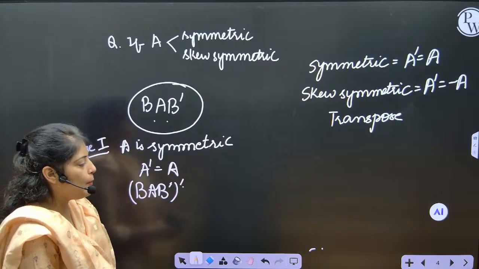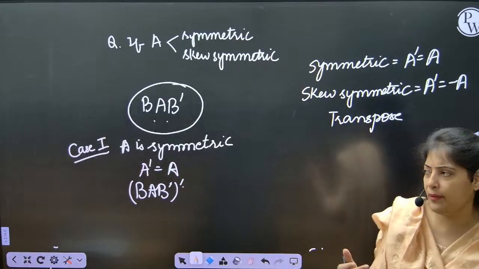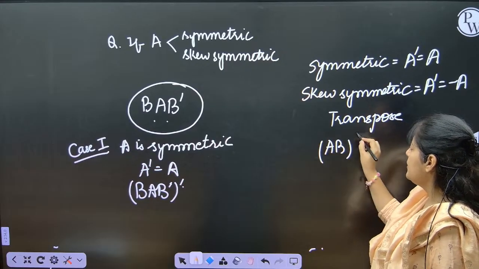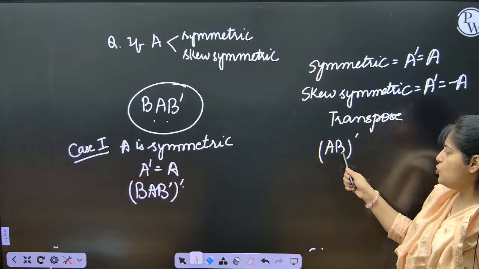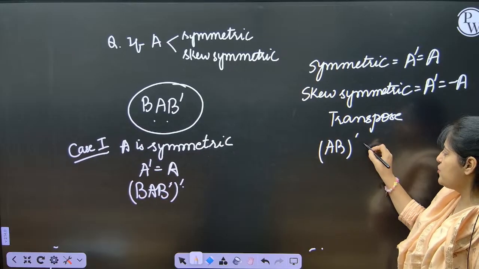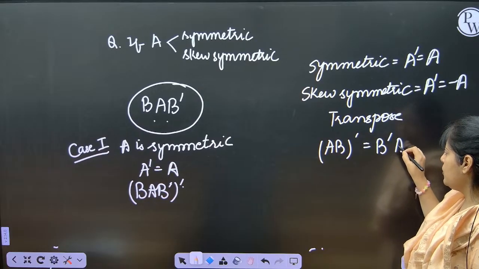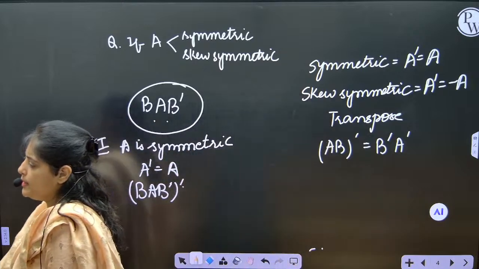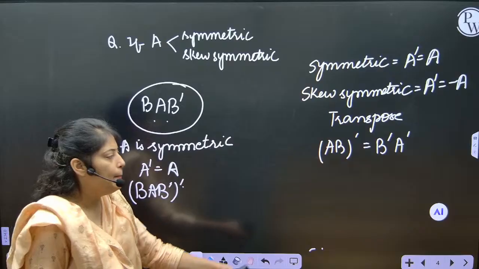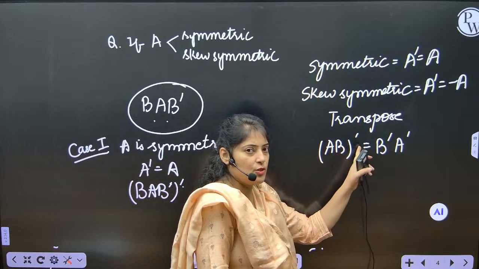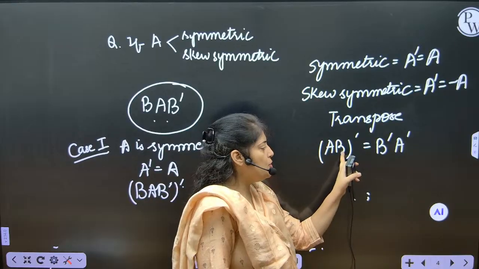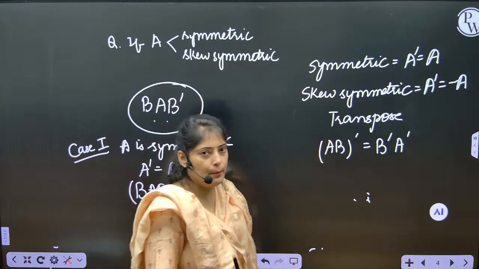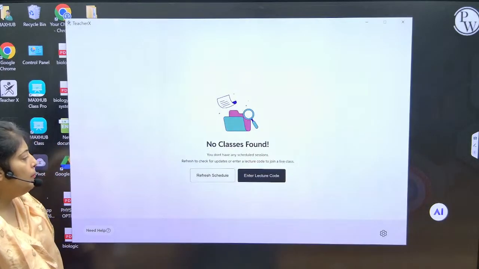And regarding properties of transpose, I must have told you one thing: whenever two matrices are multiplied and we take the transpose, AB transpose comes out to be B transpose into A transpose. It is not equal to A transpose into B transpose. The second matrix will come at the first place and the first matrix at the second place. That kind of manipulation will happen.